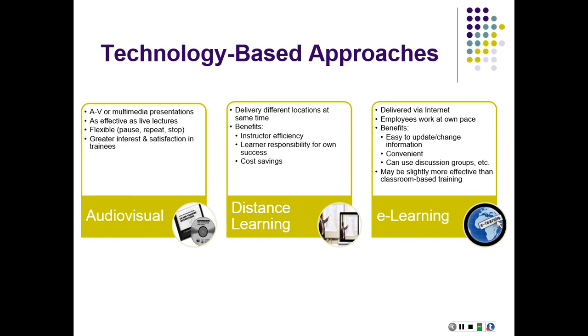So if you have lots of people dispersed in lots of different places, or people who work different shifts, to get your 9 to 5 people, your 5 to 11 people, and your 11 to 7 people all to find a time when they can all be there is difficult. So if you use an internet-based strategy, they can all do it when it's appropriate for them.